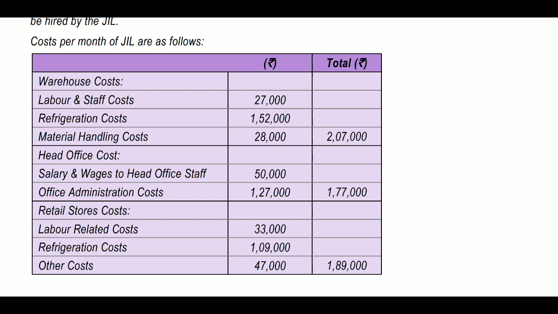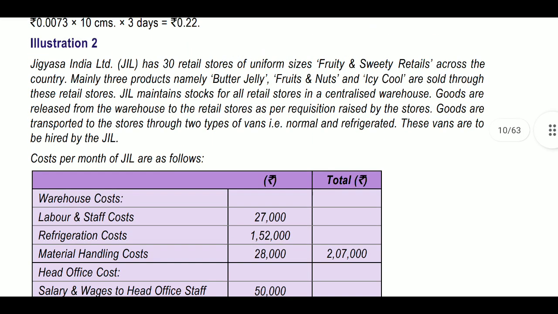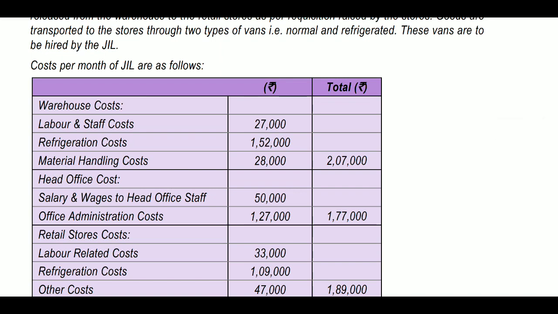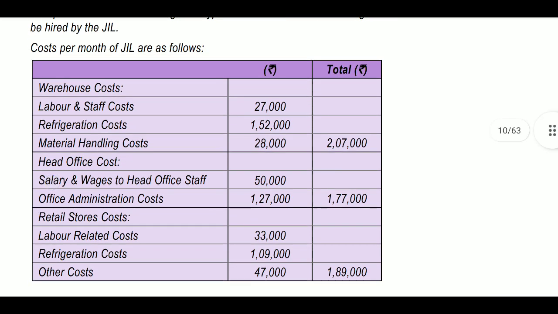This labor and staff cost will come under general cost, and refrigeration cost will come under cost related to refrigerator, since there are two types of van. Next, material handling cost will come under general cost, 78,000. Next, the total will be 2,07,000.